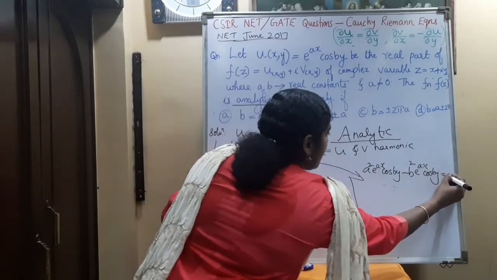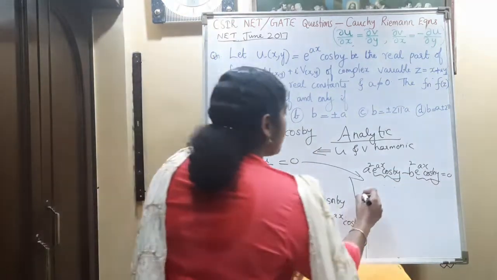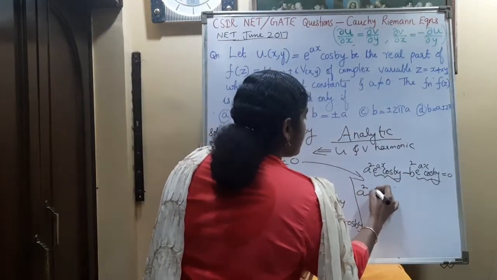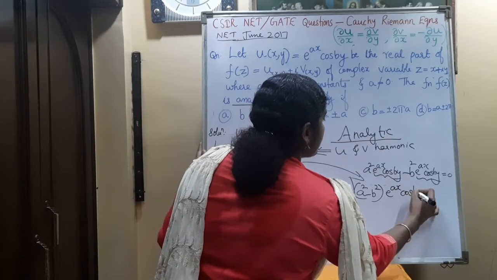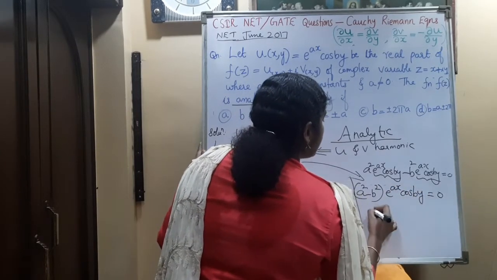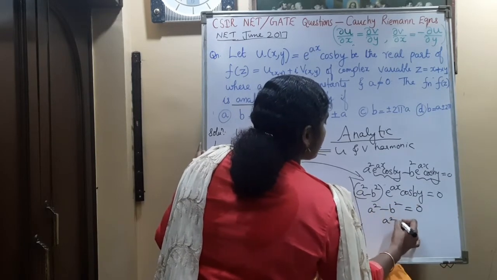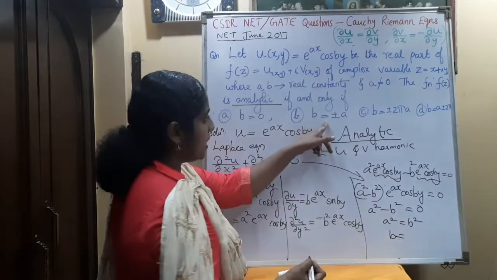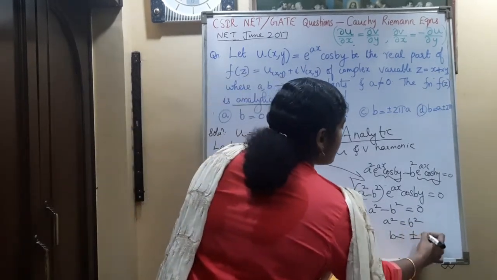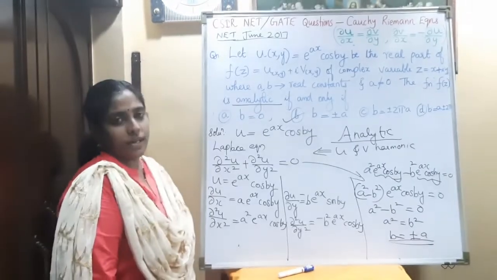Here e raised to ax cos by is common, so we can write a square minus b square into e raised to ax cos by is equal to 0. That is a square minus b square is equal to 0, or a square equal to b square, or b equal to plus or minus a. So which option is correct? The second option, b equal to plus or minus a.